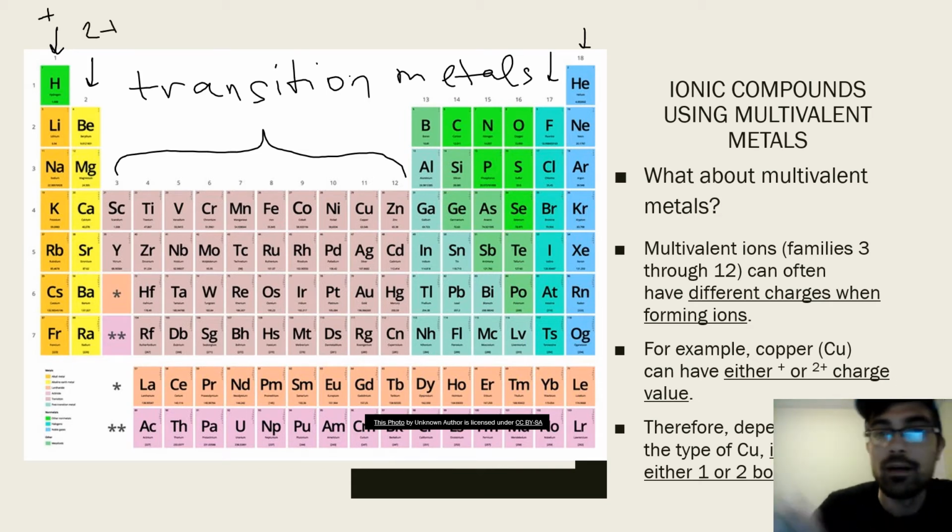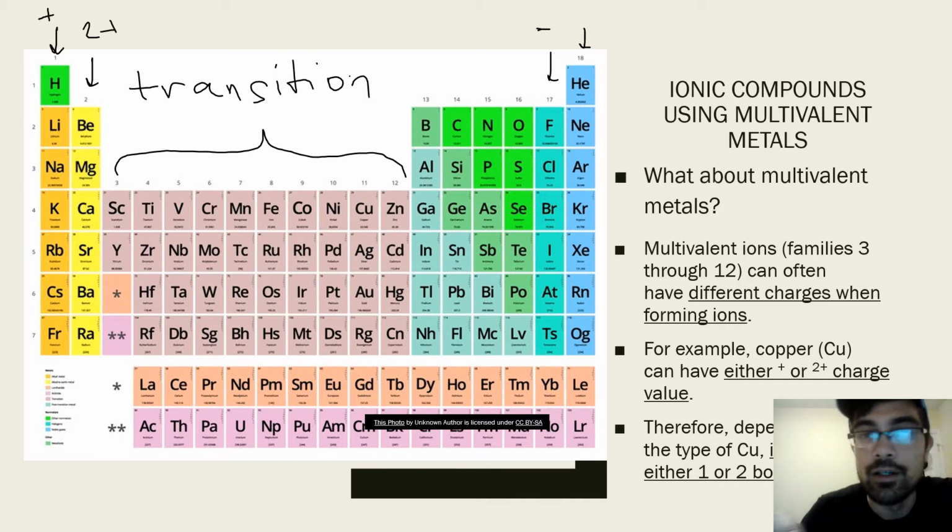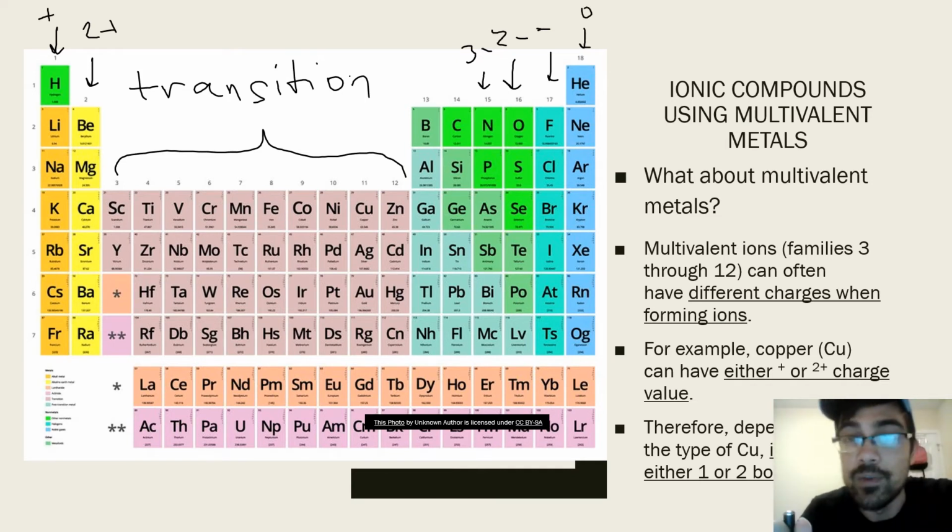On the other end, everything in group 17, for the most part, would have a -1 charge. I'm going to get rid of this here. Get rid of that, just so I have some more room. The things in group 16 would generally be -2. Okay, here we have -3, and so on and so forth. Whereas these guys, they're neutral, they're fine, they have no charge really.